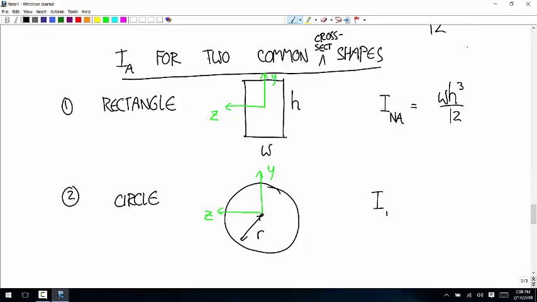The area moment of inertia about the neutral axis is pi r to the fourth over 4.